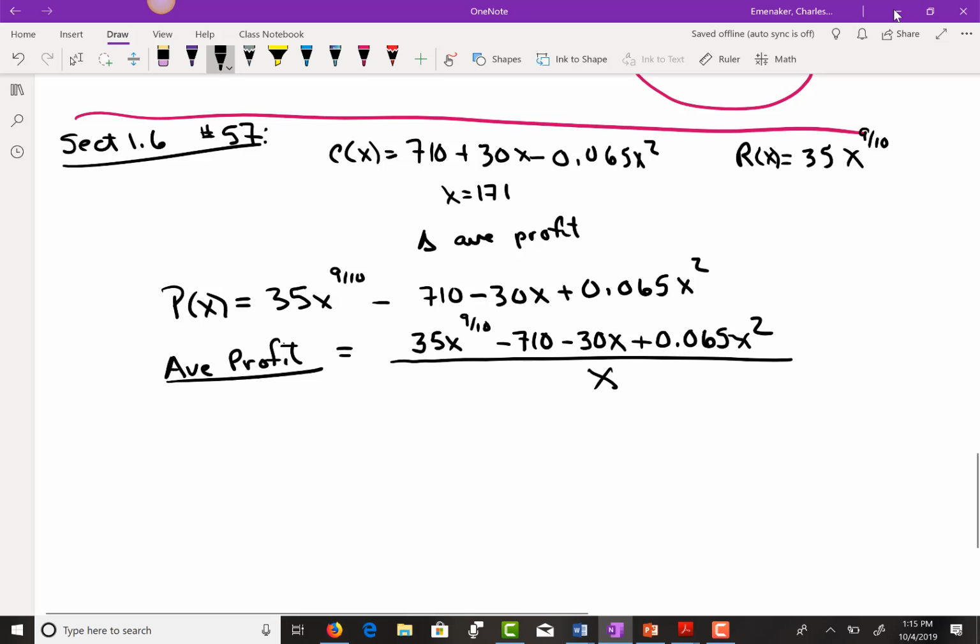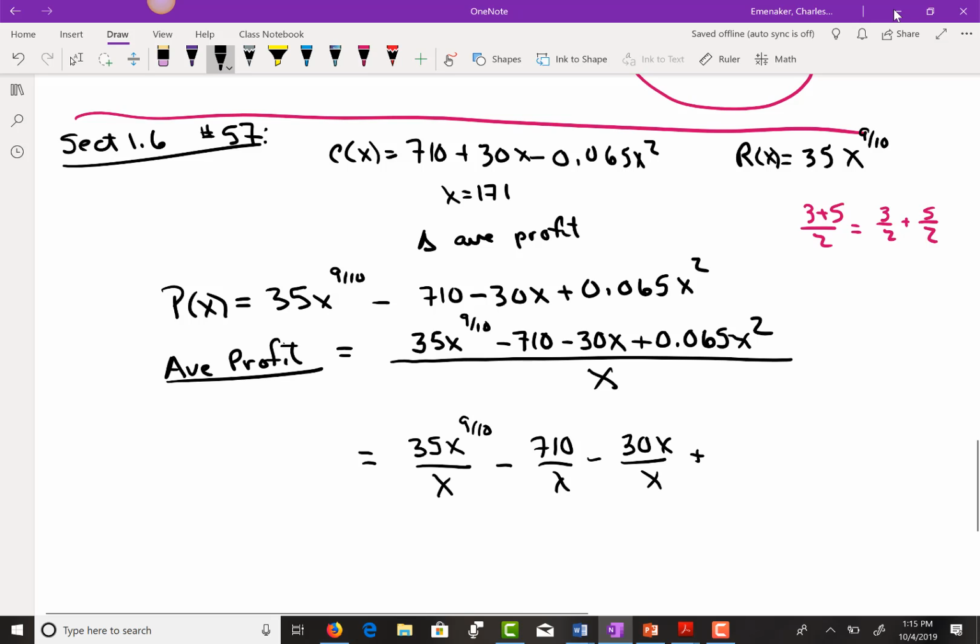Another way is to remember that if you have something like this, 3 plus 5 over 2, you can rewrite that as 3 over 2 plus 5 over 2. Right? So what I'm going to do is split this up into individual chunks. 35x to the 9 over 10 over x minus 710 over x minus 30x over x plus 0.065x squared over x.